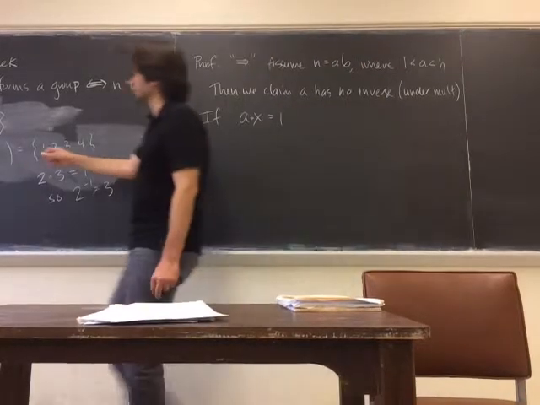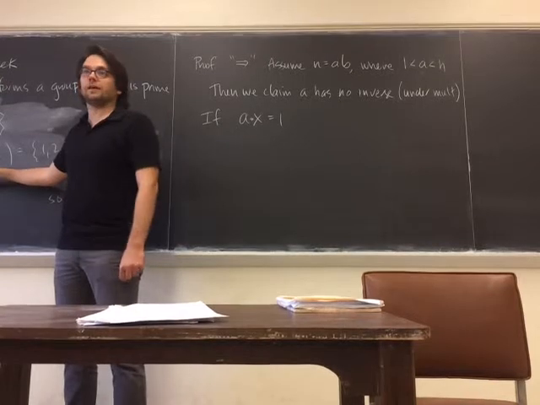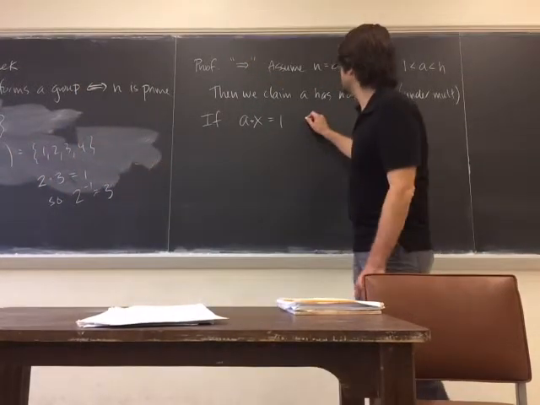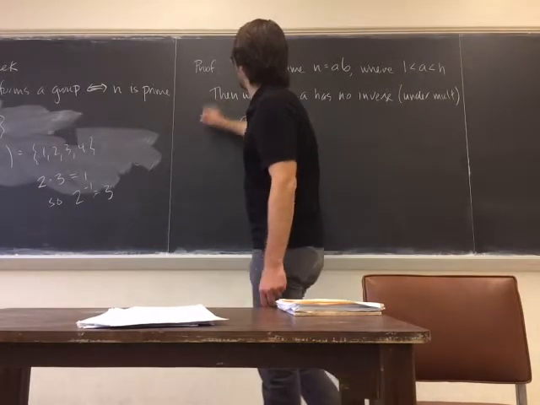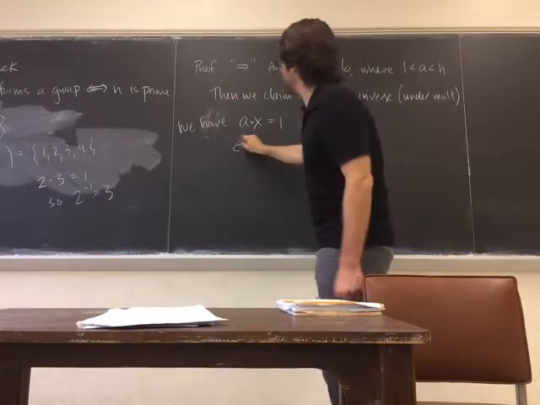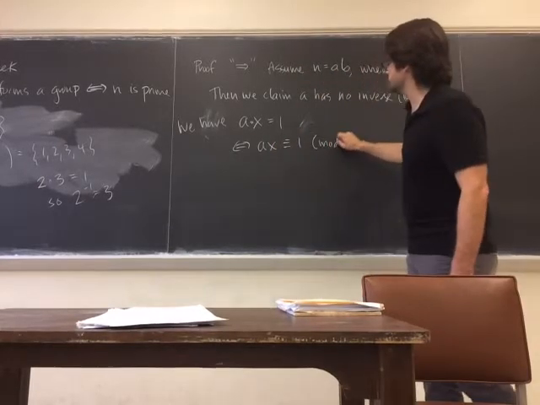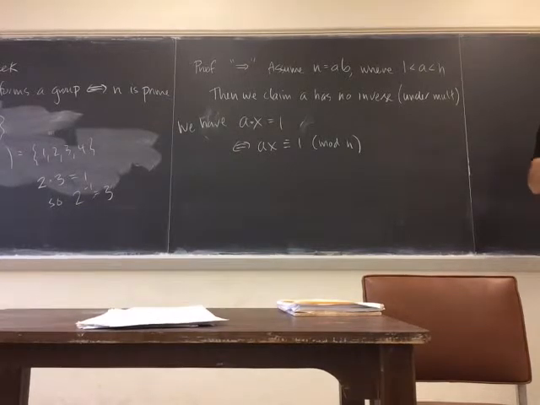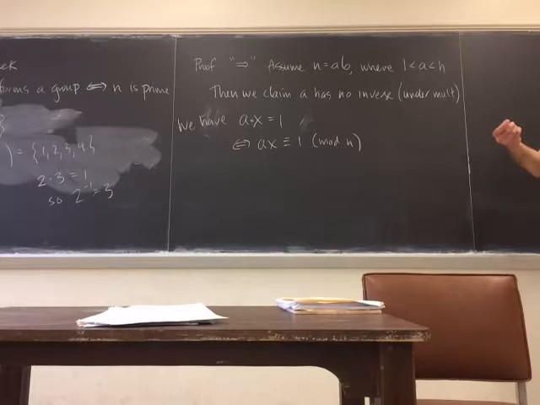It means that when I multiply a times this x thing, I get 1 mod n. So this is if and only if a times x is equivalent to 1 mod n.